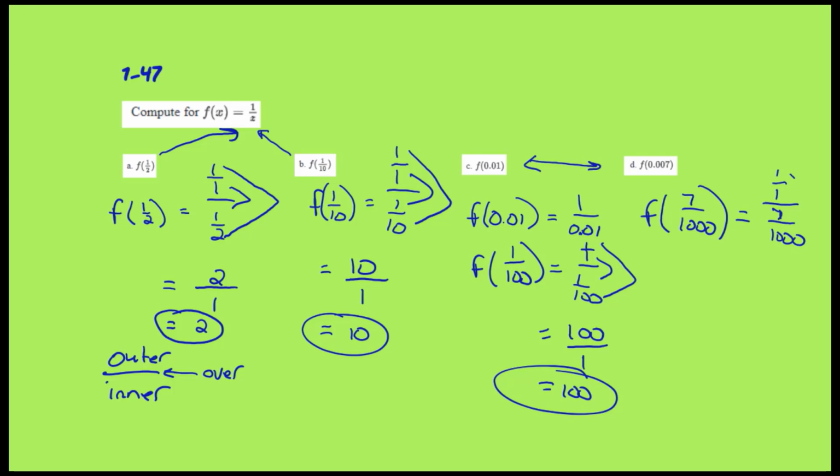So my outer over my inner. And I would typically just have you leave it that way. This is an improper fraction. You could turn it into a mixed number or a decimal. It will depend on what your teacher's expectations are in your class. So hopefully that helps.